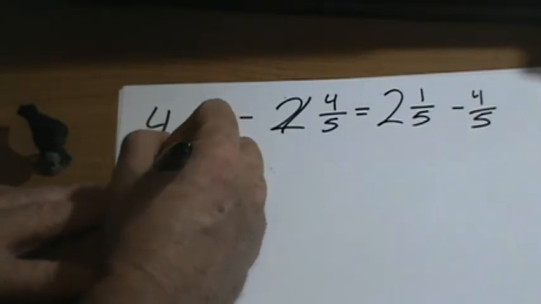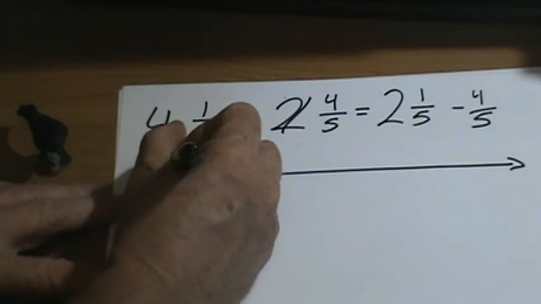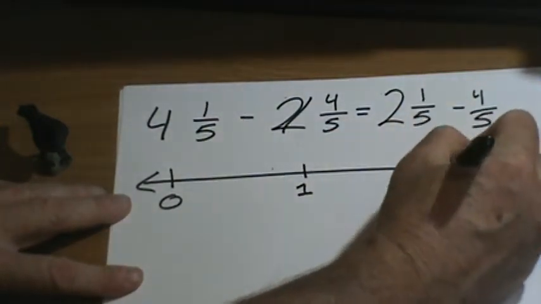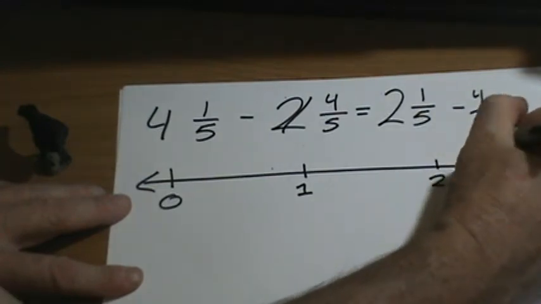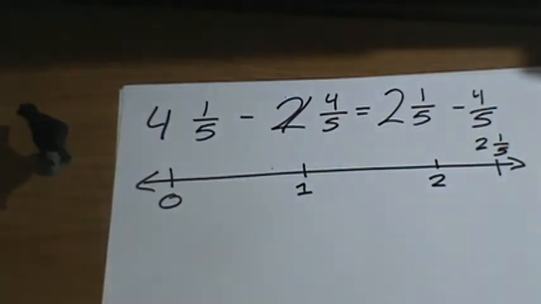Let's make that number line. And we'll start out at 0, 1, 2, and this is our 2 1/5, right? 2 1/5, we're going to be subtracting 4/5.